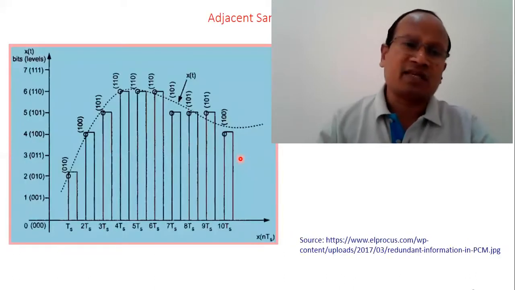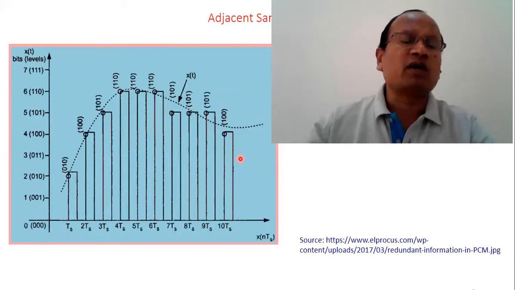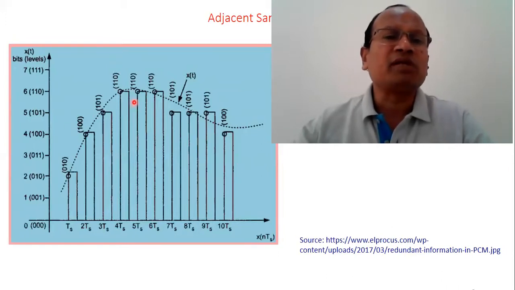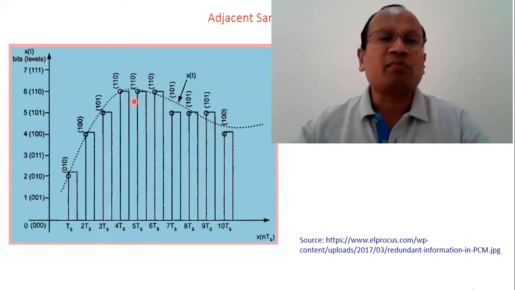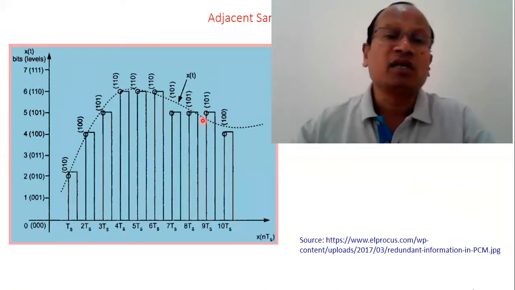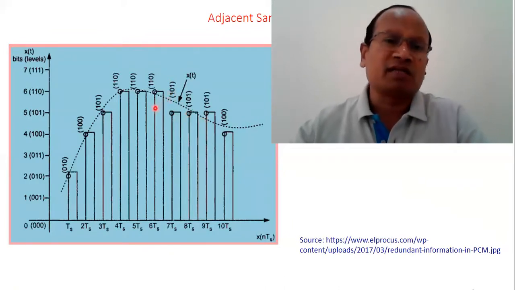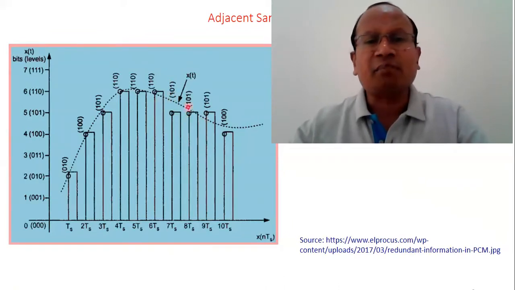This is what we can see. If you compare, here there are three samples, and equivalently their binary values are 110, 110, 110, then the next 101, 101, 101. So what do we do in DPCM? Rather than quantizing all these samples individually, we quantize the difference between the two samples.